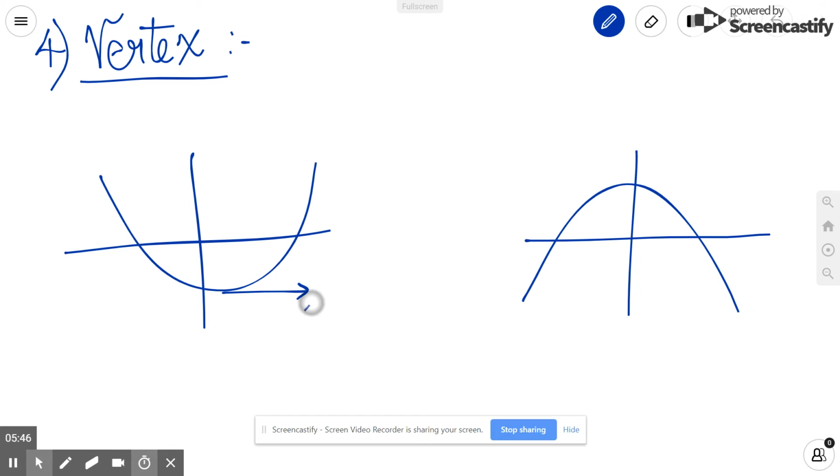So here your vertex is the minimum, and right here it's the maximum. In simple English, it is basically where the graph makes a turn.